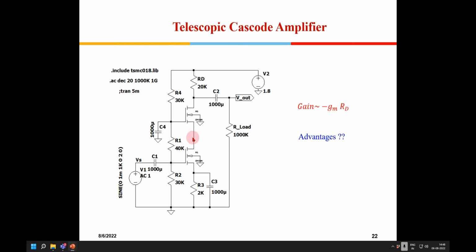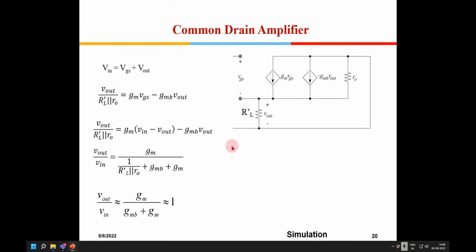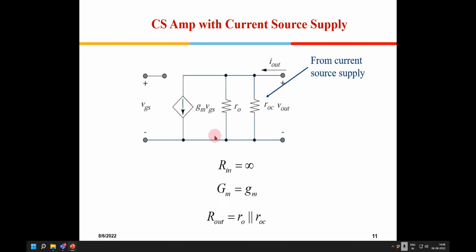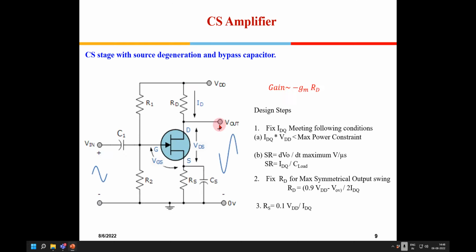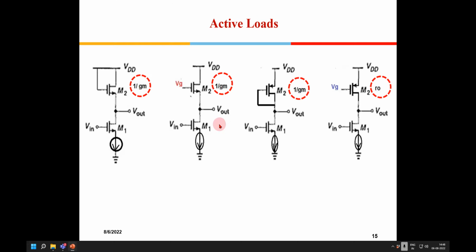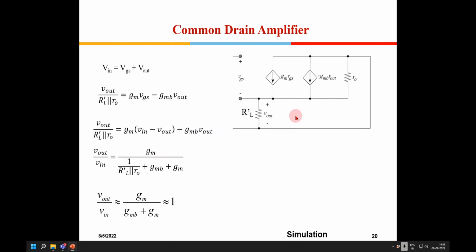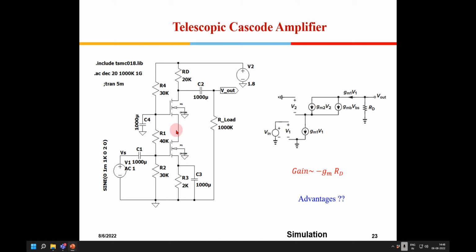When I am looking from the bottom, the impedance seen, because the gate is grounded here, is 1 by GM. So the voltage gain will be GM into 1 by GM.